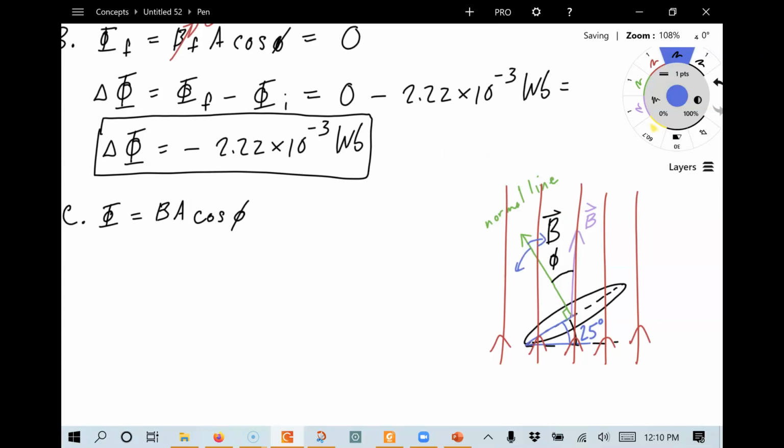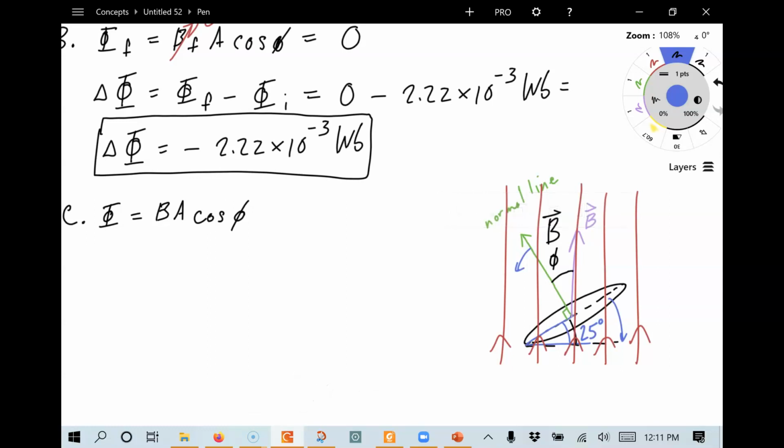Well, clearly if we rotate it down in this direction, then more field lines are going to pass through. They're going to be going right through the loop. So that's going to be making the angle phi rotate this direction. It's going to be a 0 angle, and of course you put a 0 in there, cosine of 0 is 1, you get the max magnetic flux. Well, we don't want to do that. We want to go in the other direction here.